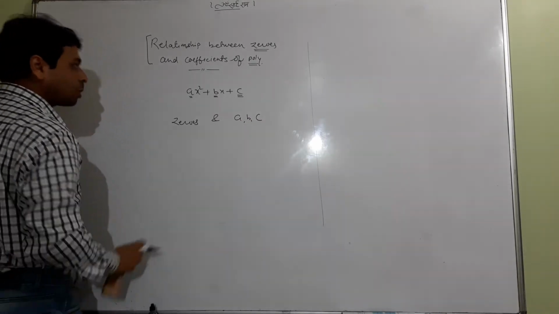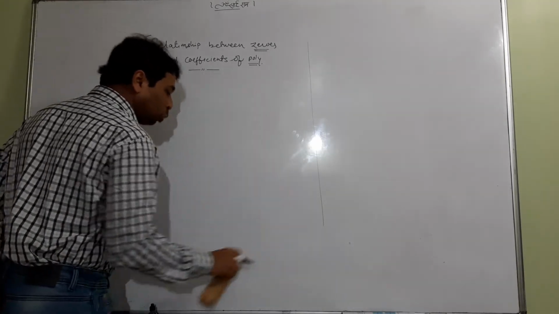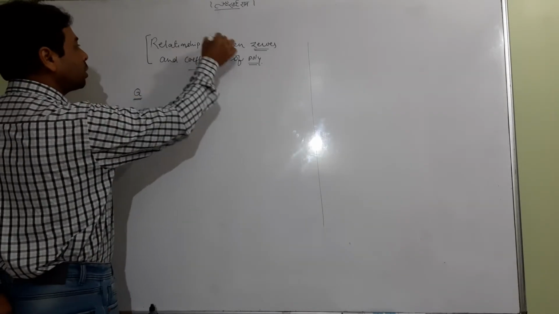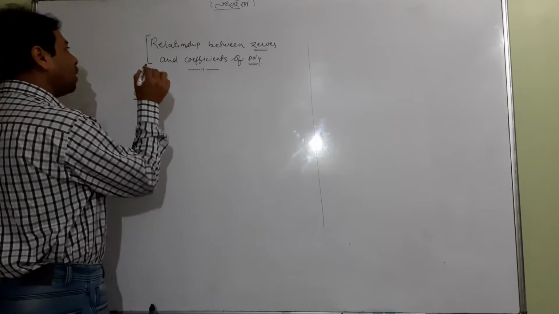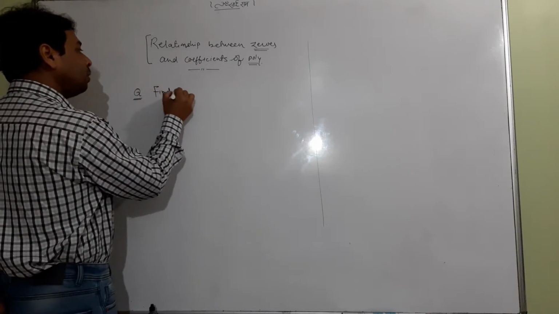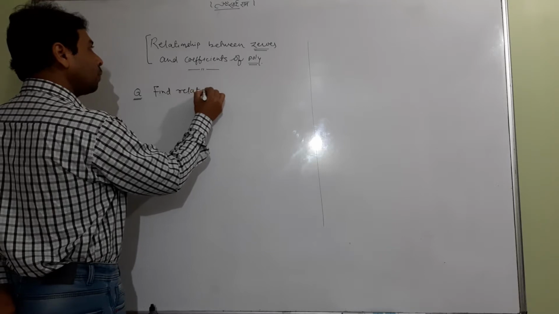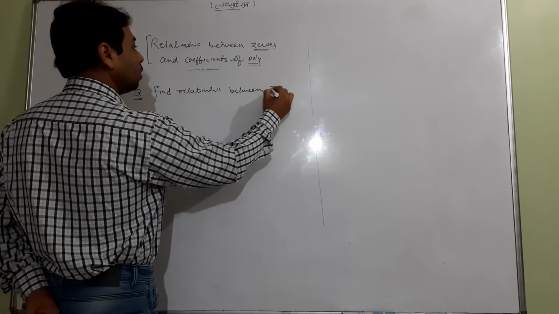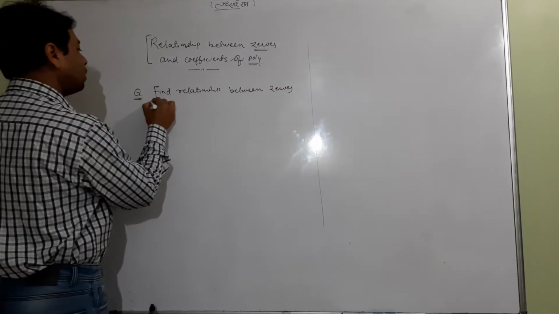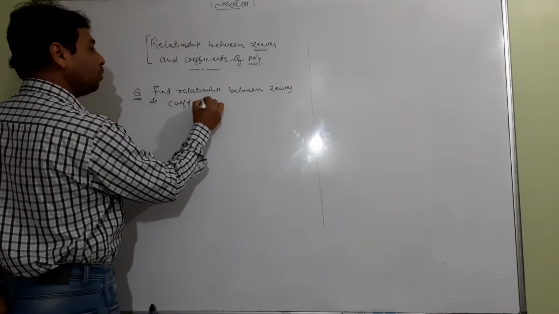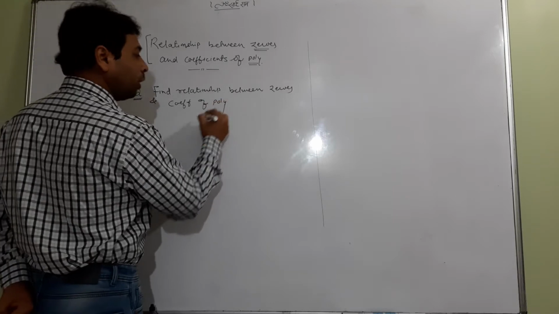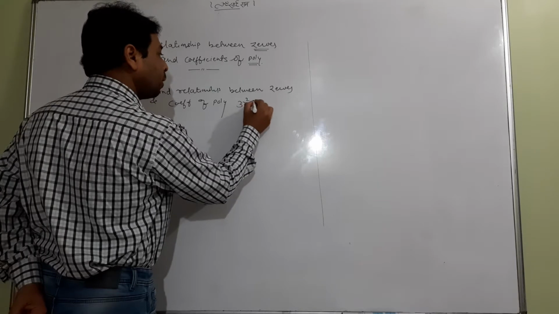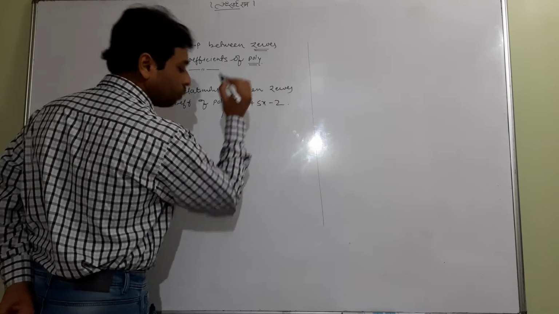Okay, next I would like to put one question, and according to the question I would explain its meaning. The question is: find the relationship between zeros and coefficients of polynomial 3x square plus 5x minus 2.